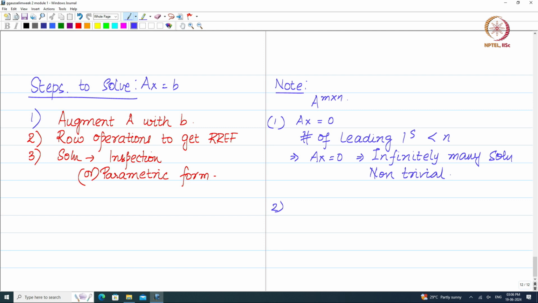If the RREF of A has exactly n leading ones, then Ax is equal to 0 has only the trivial solution.